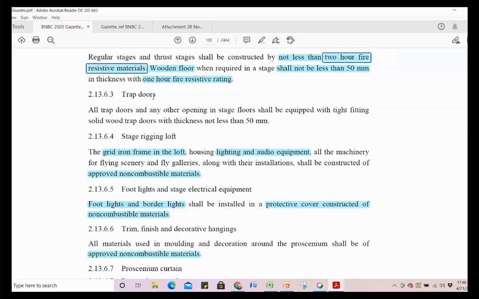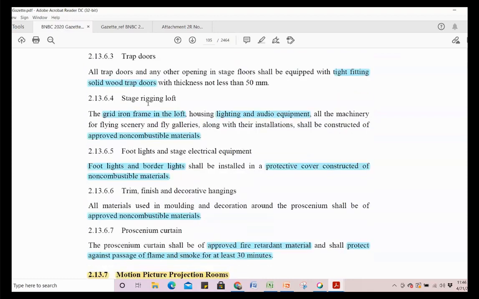So there are special provisions for trapdoors. All trapdoors or any other opening in a stage shall be equipped with tight-fitting solid wood trapdoors. So any trapdoor that might be part of the stage has to be a tight-fitting solid wood trapdoor with a specific thickness not less than 50 millimeter. Stage rigging loft.